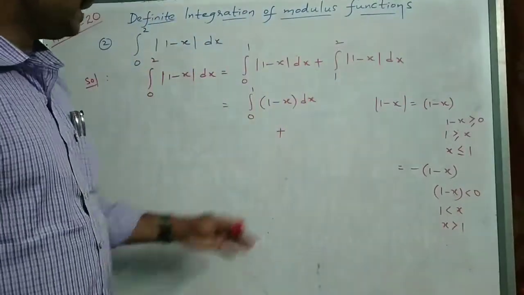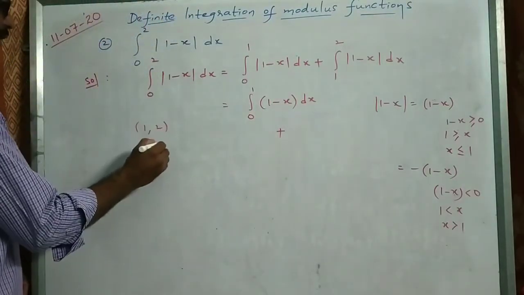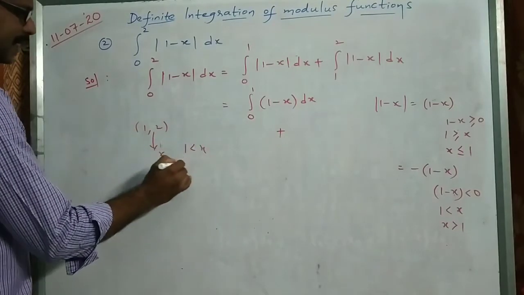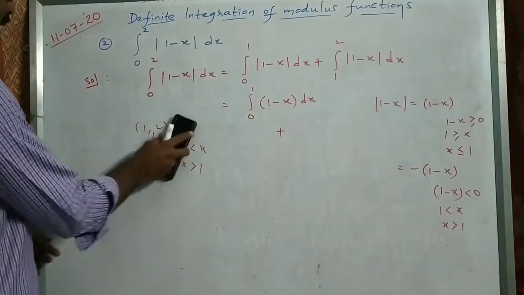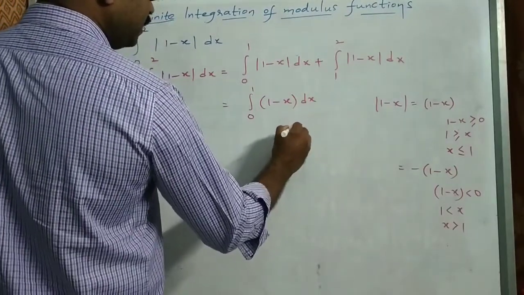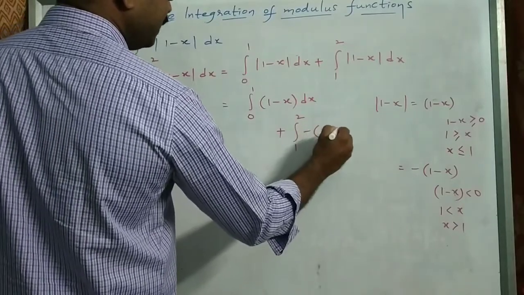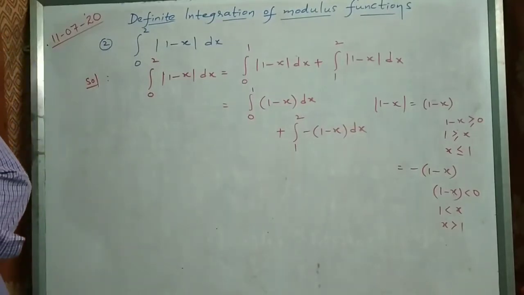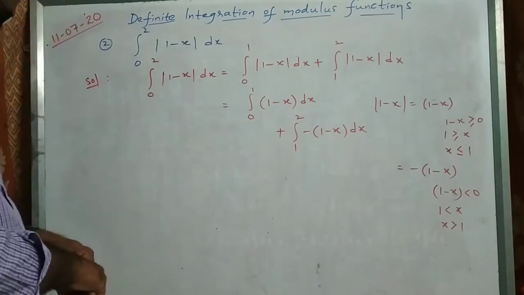If x value is more than 1, between 1 and 2, modulus 1 minus x will be how much? Negative. So I will take integral 1 to 2, modulus 1 minus x will be minus of 1 minus x dx. Okay? So first one is positive and the other one is negative.